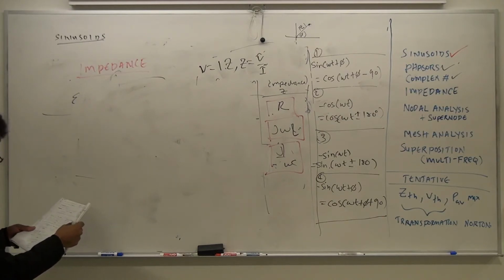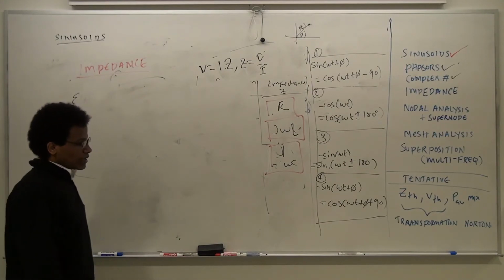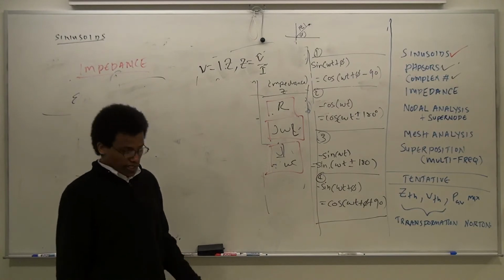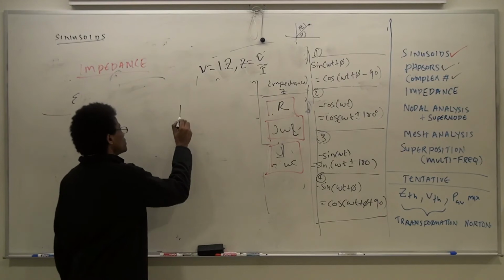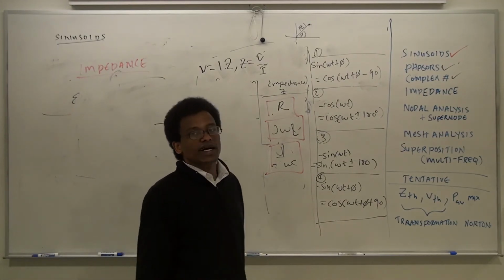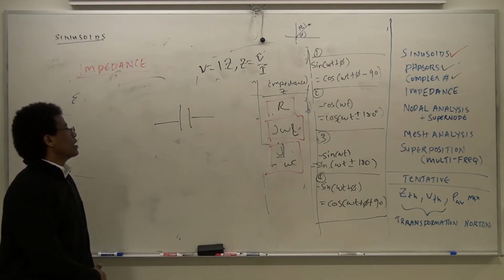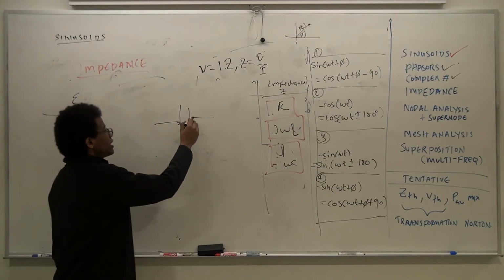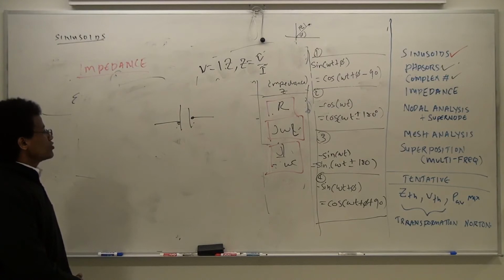Now there's one more thing you need to know in the frequency domain, and we're talking about steady state. For a capacitor, after time has passed, how do we find the voltage across it?